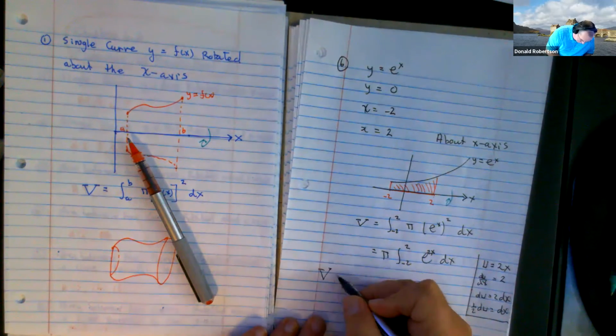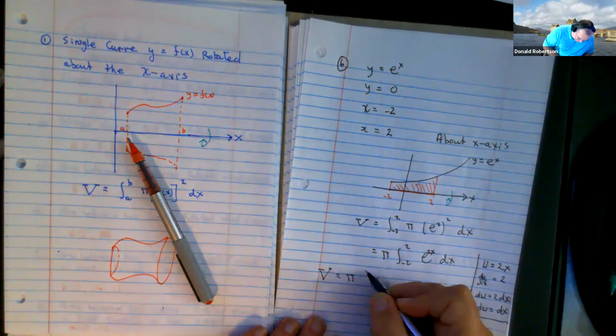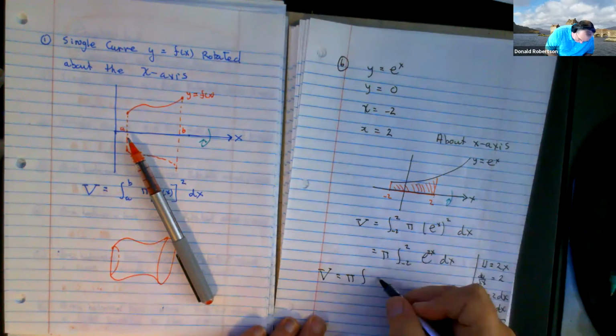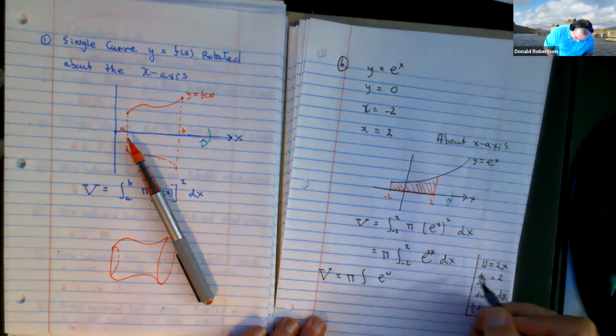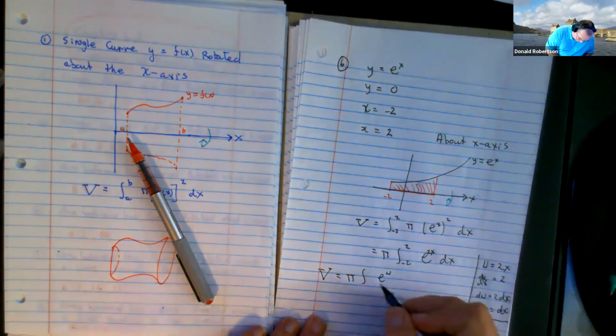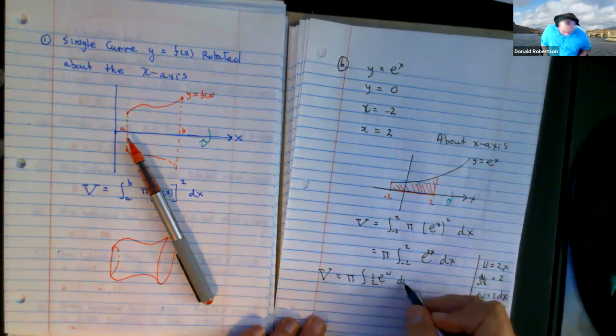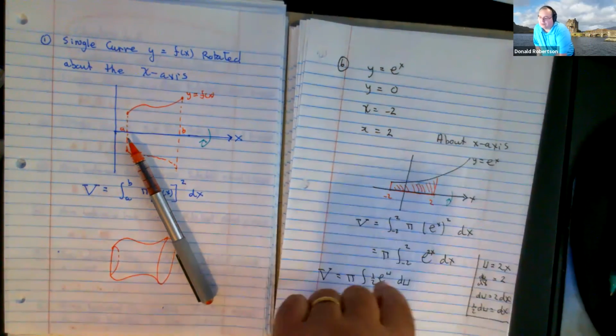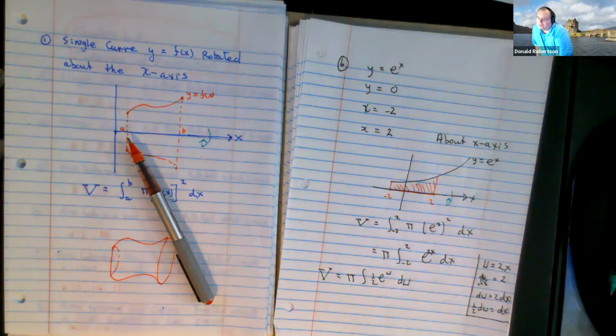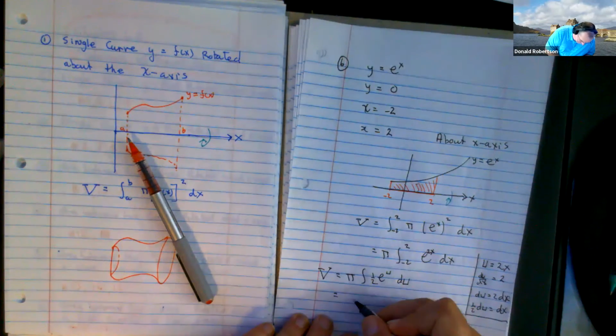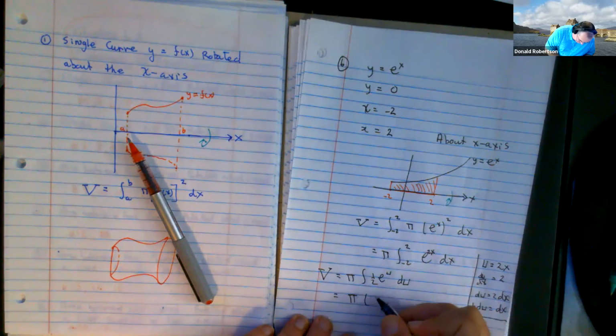So the volume of the shape is going to be pi times the integral of e to the 2 thingy becomes e to the u. The dx becomes 1/2 du. Are you happy about this integral becomes that integral? Okay, seeing nods. And that's going to become pi.